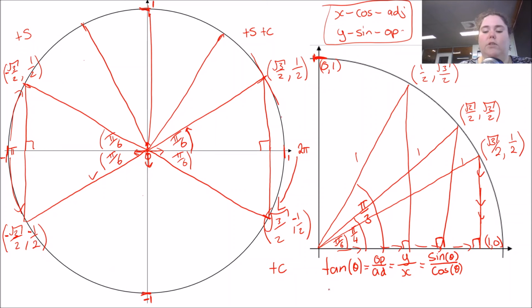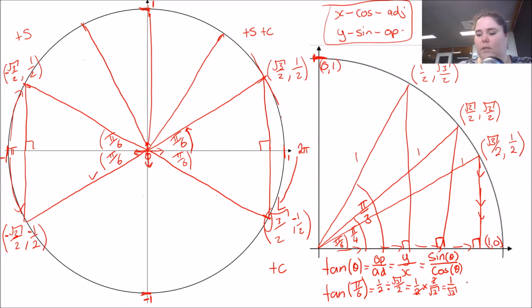So if I wanted to know the tan value at all of these points, I would need to do a division. So tan of pi on 6 equals my sine value, so a half, divided by my cos value, so root 3 on 2. Now I'm working with fractions, so don't forget we keep, flip and change. Then I can cancel some numbers, so that gets me 1 on root 3.